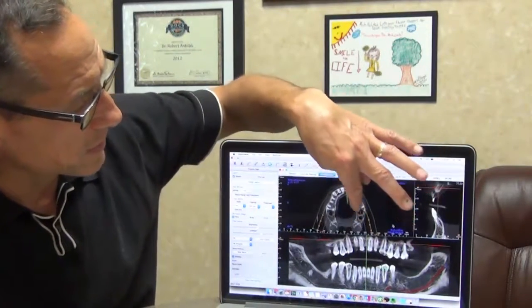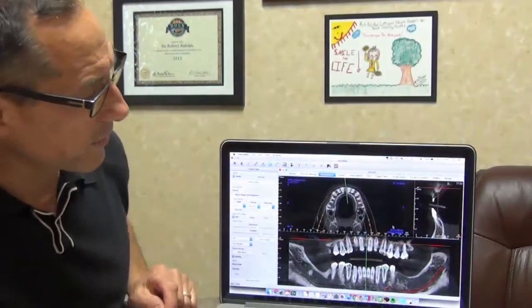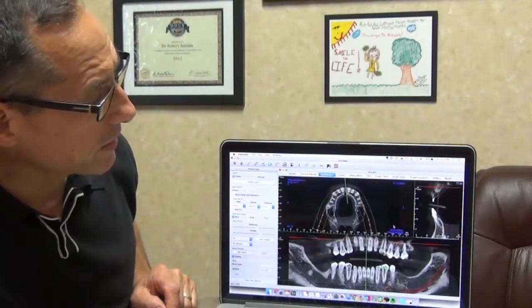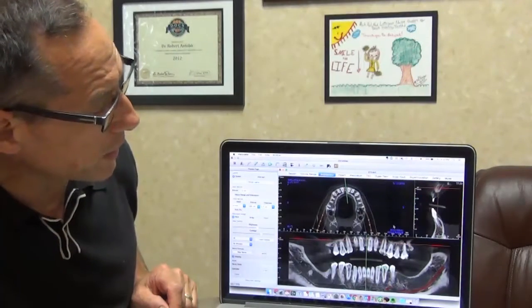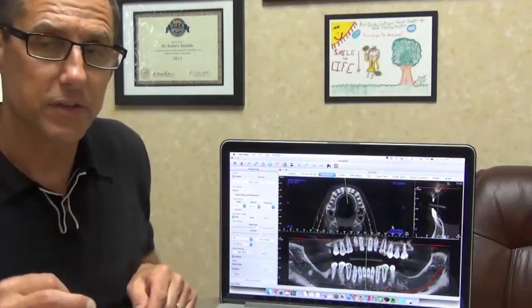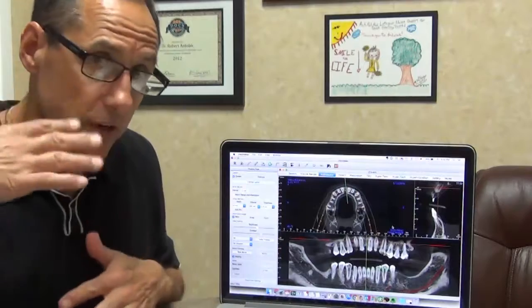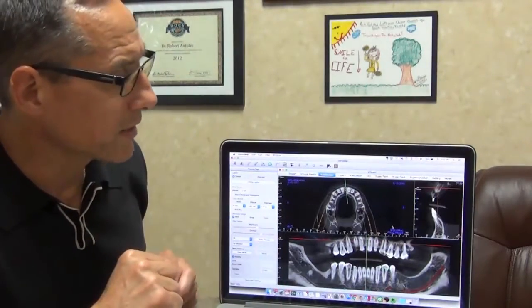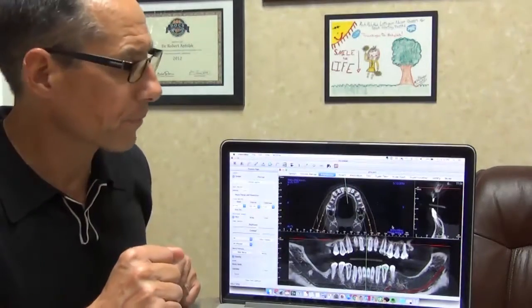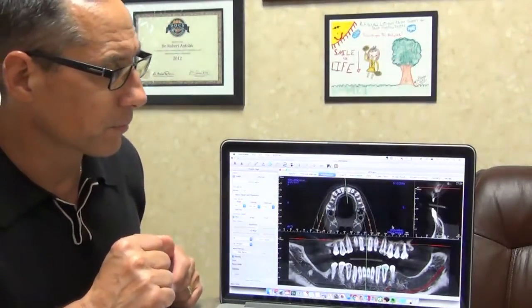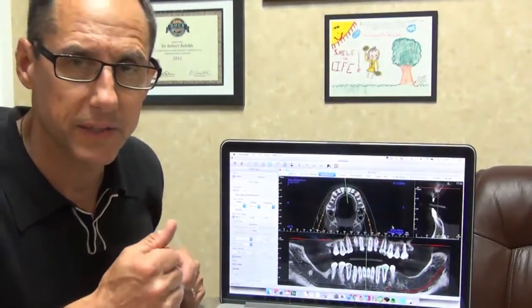You see these little dots here? Those are the sinus cavities in the upper jaw, and when teeth are lost, the sinus cavities start getting larger, which can create some issues with the placement and size of implants.